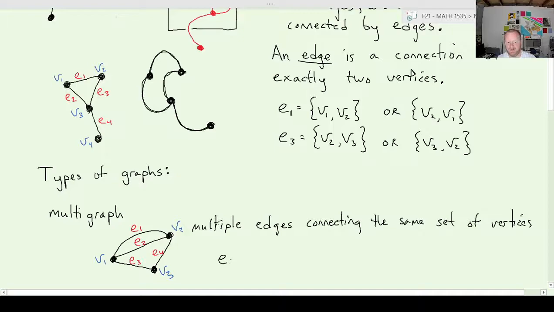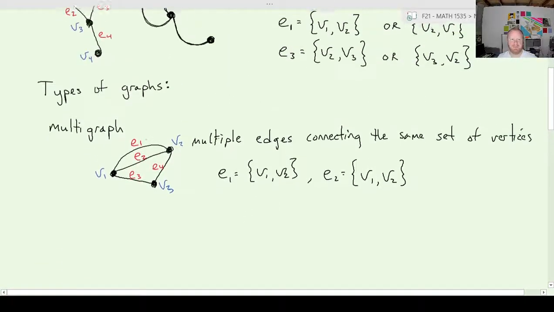So two edges, same set of two vertices that are being connected.